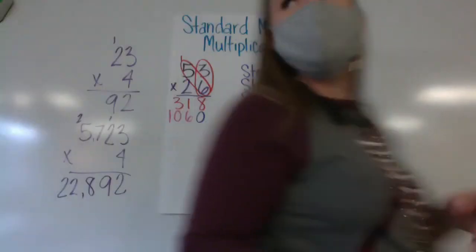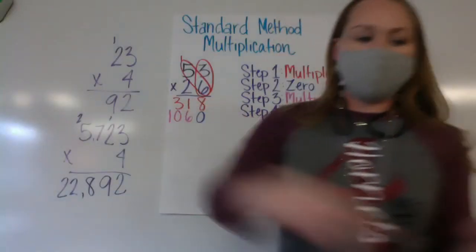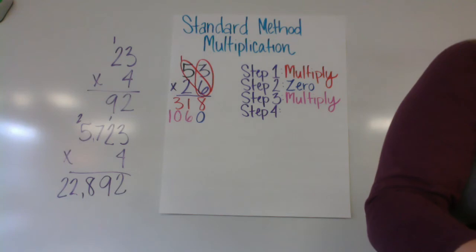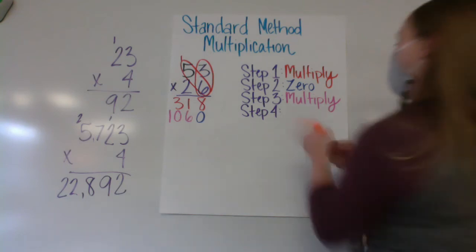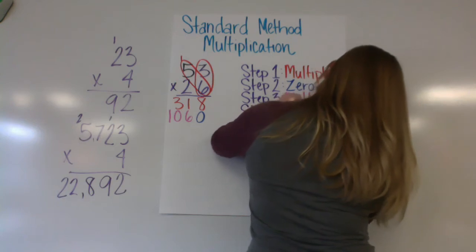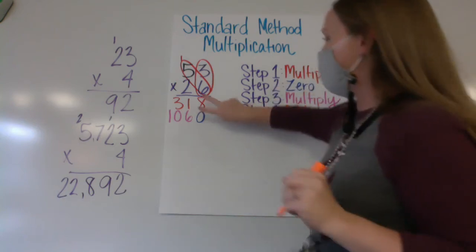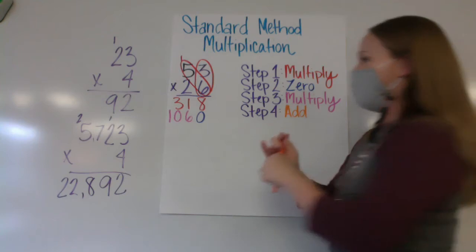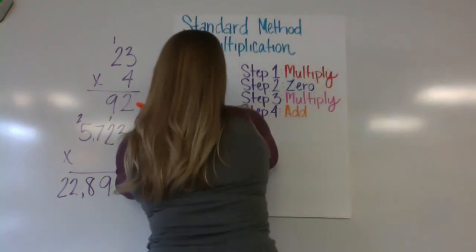For step 4, we're going to add these up, okay? Yes, right. I'm going to use orange. I'm going to say add. So you just take these 2 numbers that you've gotten and you're going to add them up. Put a little plus sign.